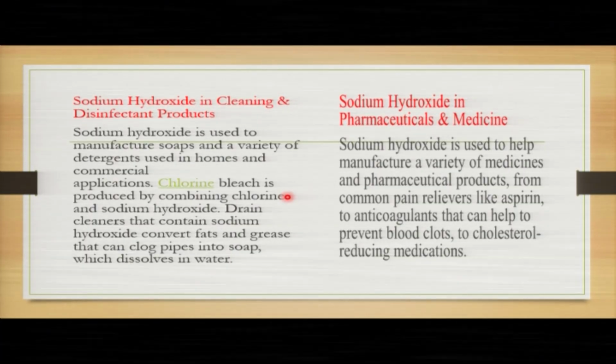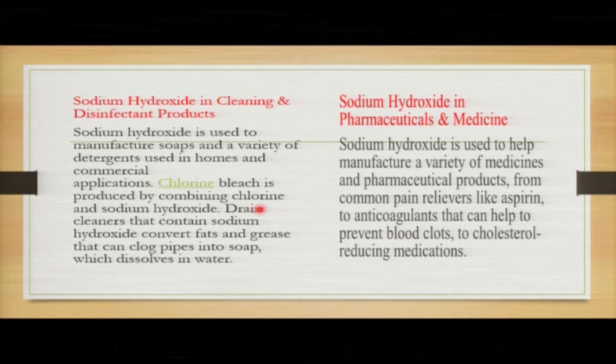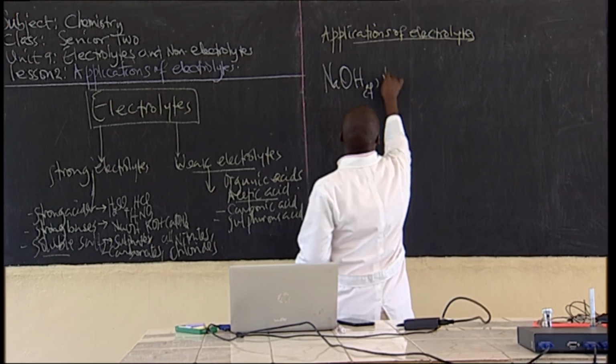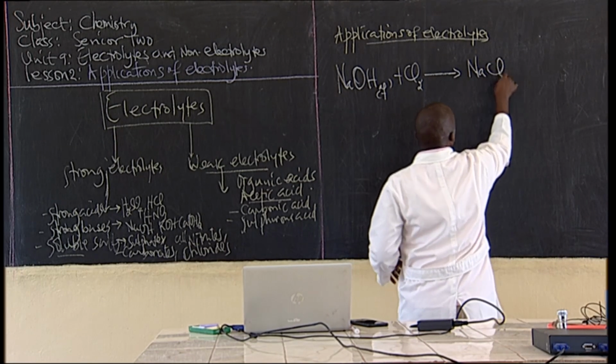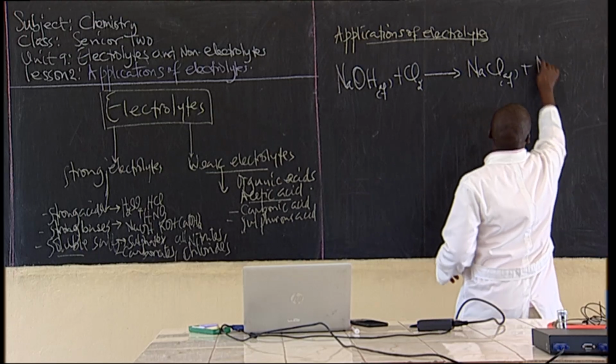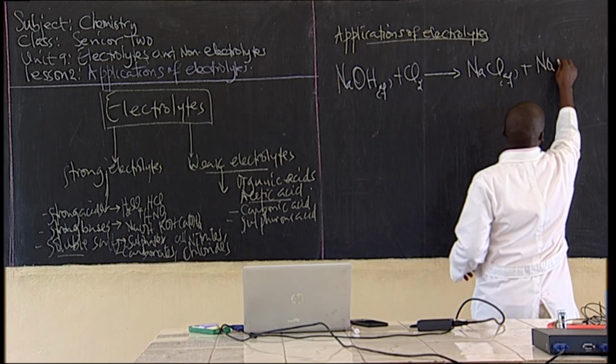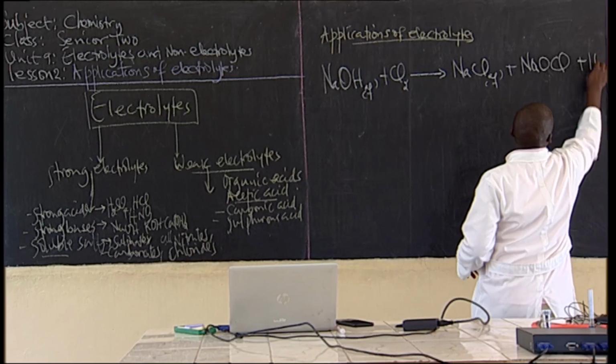Chlorine bleach is produced by combining chlorine and sodium hydroxide. Chlorine bleaching removes color. So you have sodium hydroxide, which combines with chlorine to form sodium chloride, plus sodium hypochlorite, plus water.